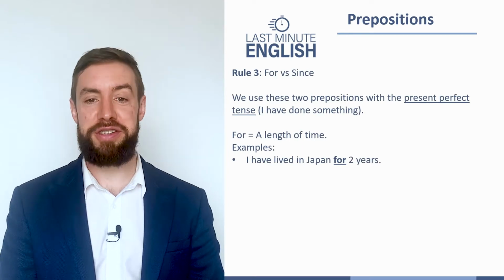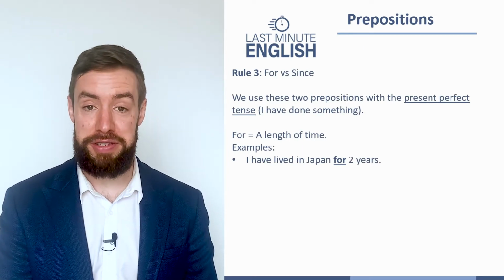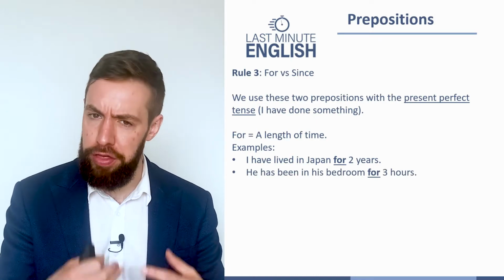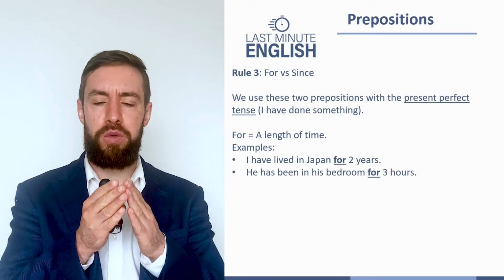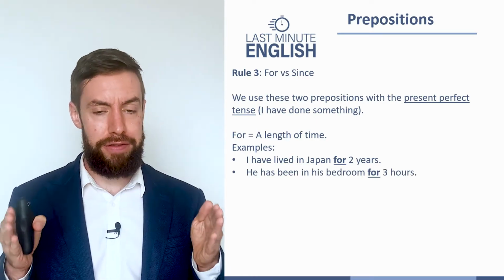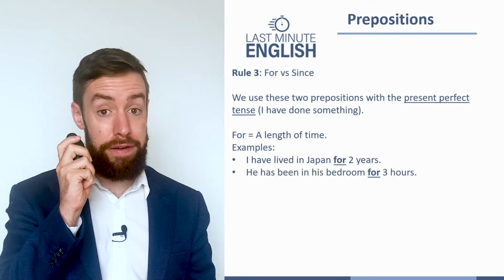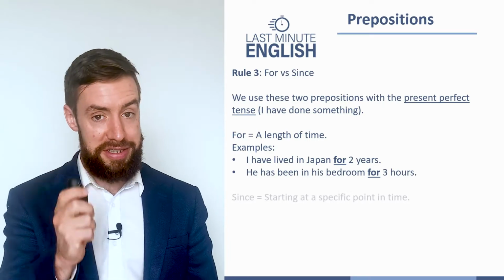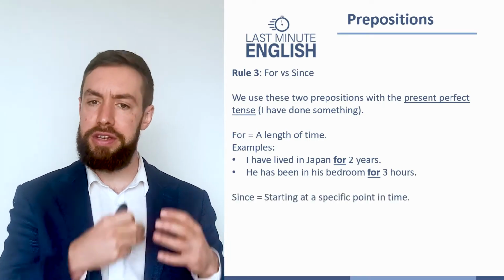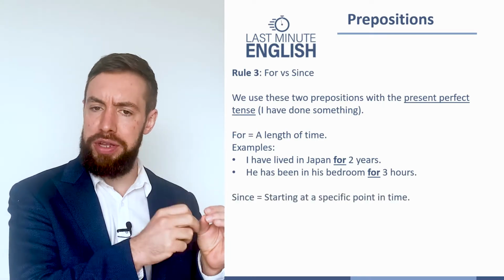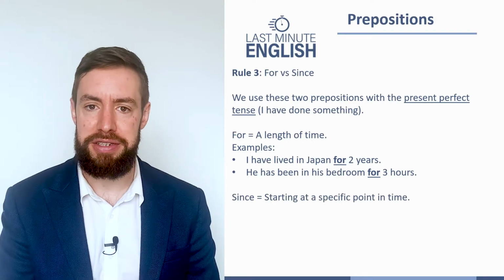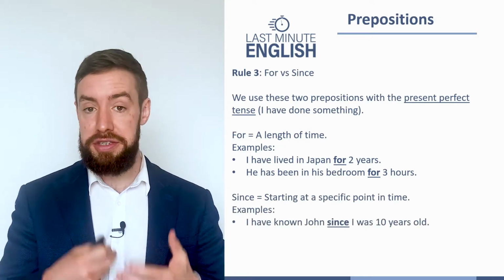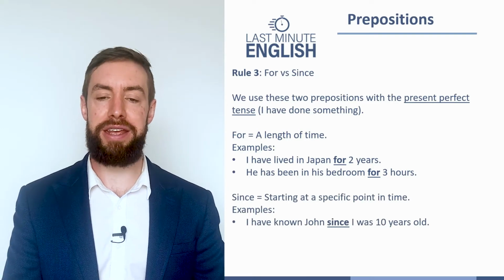And then we could also say it for a shorter period of time. He has been in his bedroom for 3 hours. Okay, so again, we're talking about the length of time, and we use that word for in that situation. Then on the other hand, since is when we are starting from a point in time in the past, okay? So for example, I have known John since I was 10 years old.